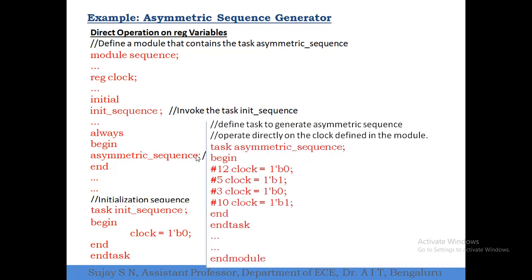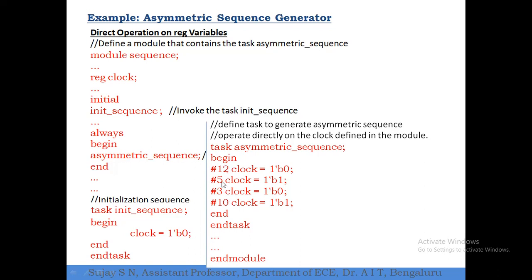Here we have the task asymmetric_sequence. What sequence are we going to generate here? Since it is asymmetric, within the task we have written: after 12 nanoseconds clock is 0, after 5 nanoseconds clock is 1, after 3 time units clock is 0, again after 10 time units clock is 1. This is the sequence we are generating, 0 1 0 1, with these asymmetries.